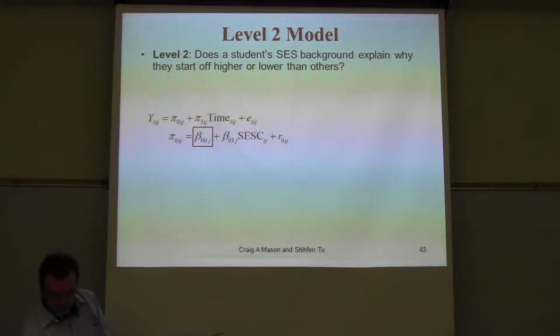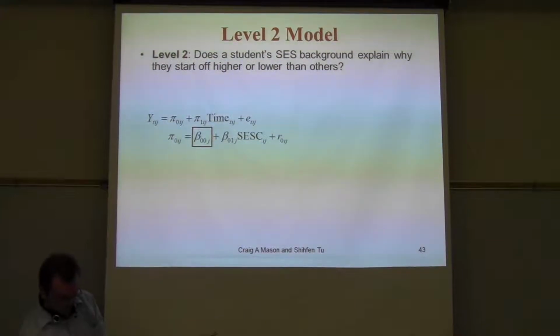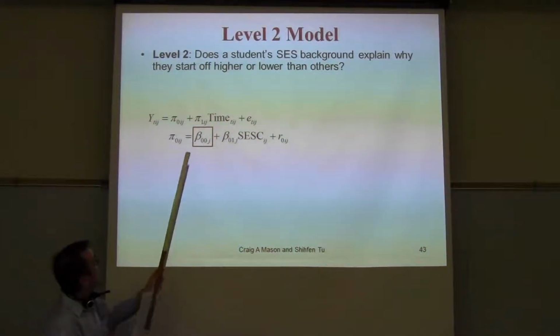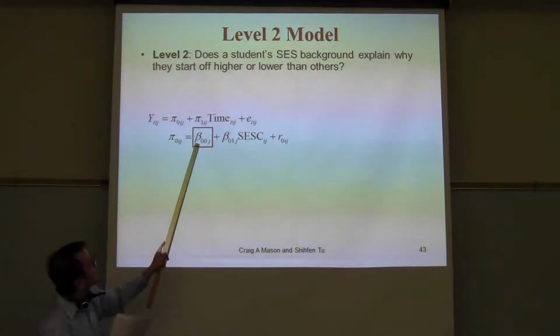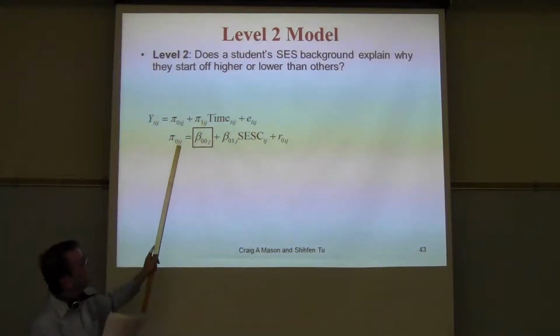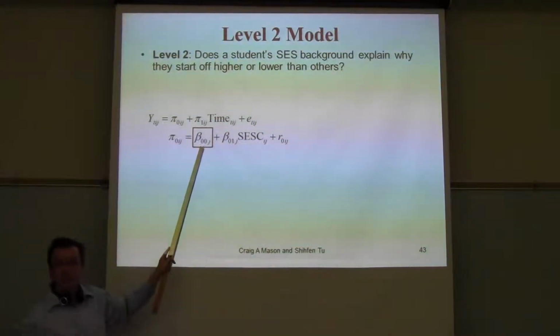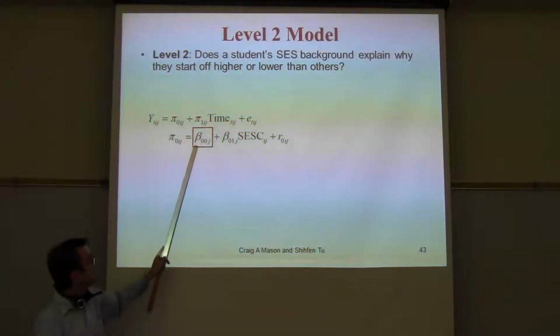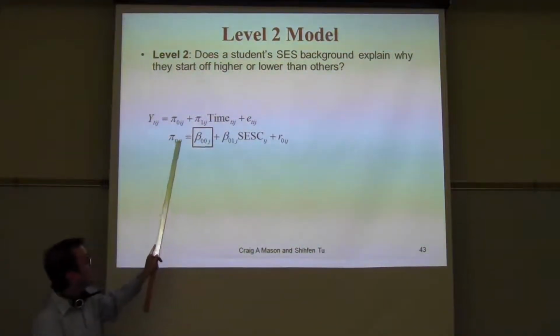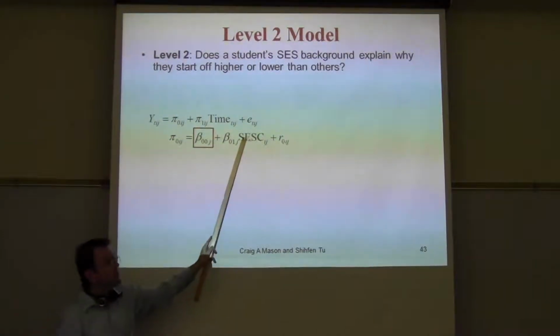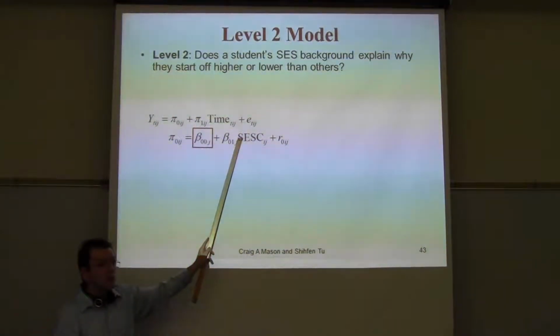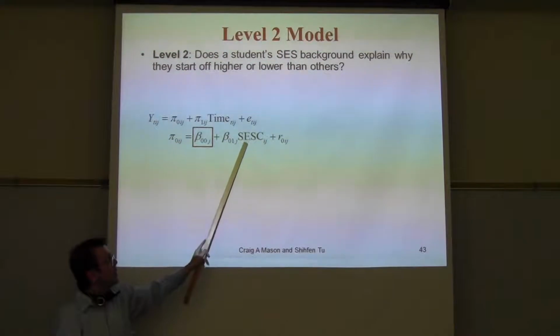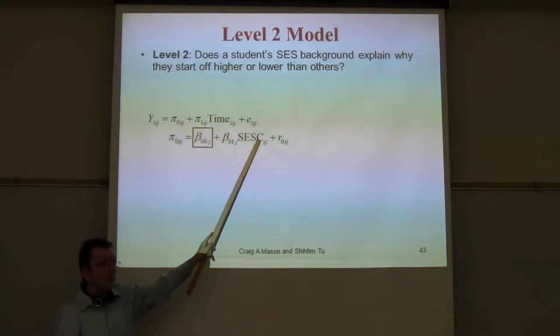So what is beta 00J? It may help if we actually think about it. This is beta 00. That's your predicted outcome. And again, because there's nothing magical, it's just like any regression coefficients. This is your predicted outcome score when the rest of the equation is equal to 0. That's what the intercept is. Well, when's SES equal to 0?